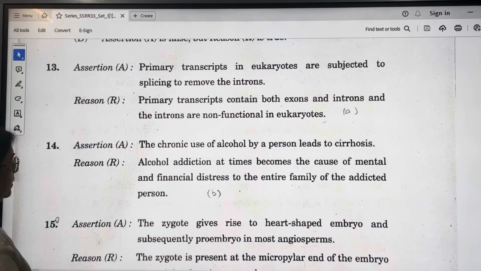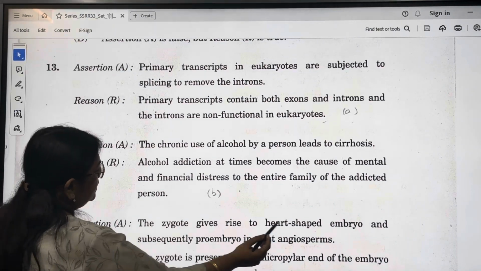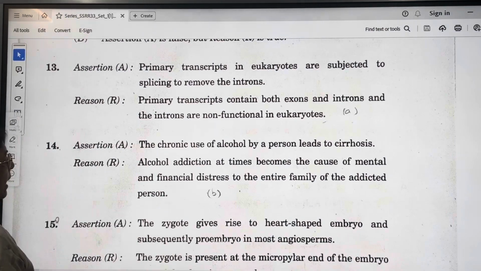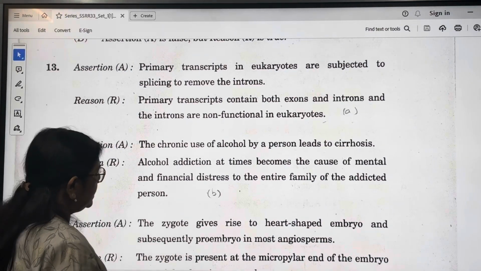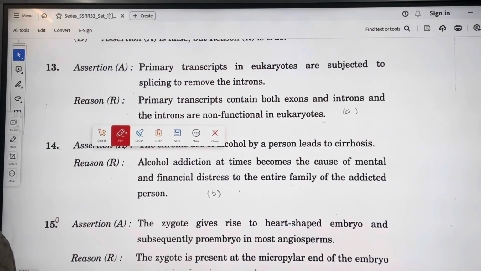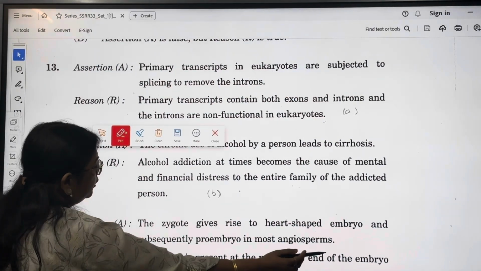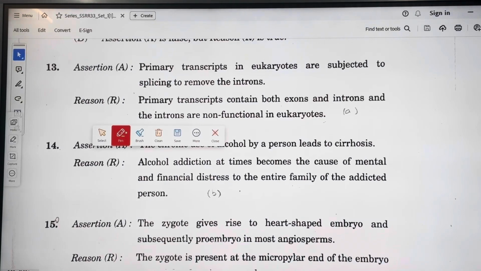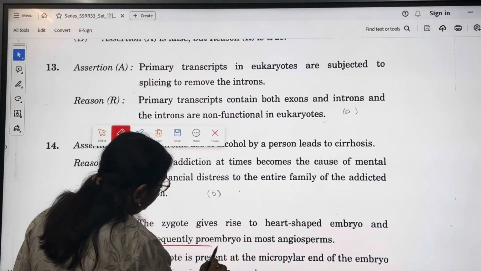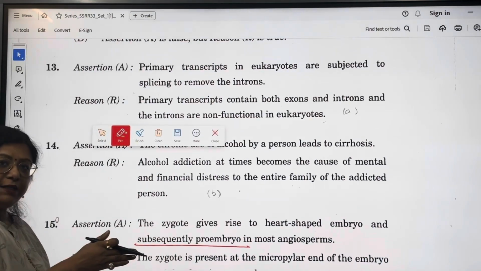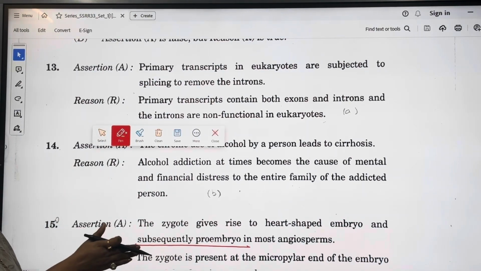Next, assertion: the zygote gives rise to heart-shaped embryo and subsequently to pro-embryo in most angiosperms. Reason: the zygote is present at the micropylar end of the embryo. Here the assertion is wrong. After the heart-shaped embryo, the mature embryo is formed.